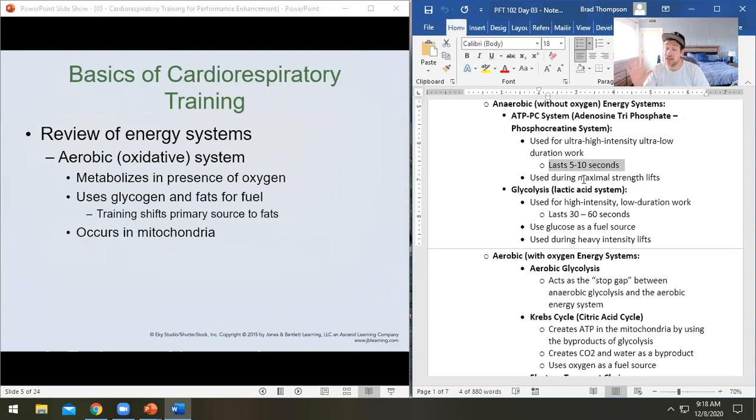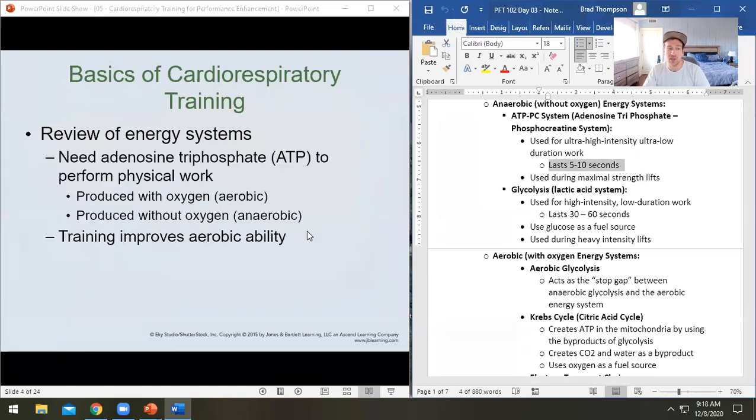You're just elevating the levels so that you might be able to last in that ATP PC system just a little bit longer if you take it as a supplement. So normally this lasts 5 to 10 seconds. Maybe you can get it to last a little bit longer. But what the ATP PC system is used for is our maximum intensity, super short duration lifts.